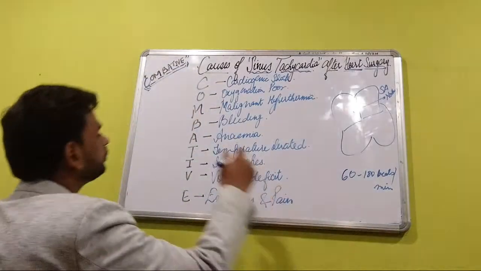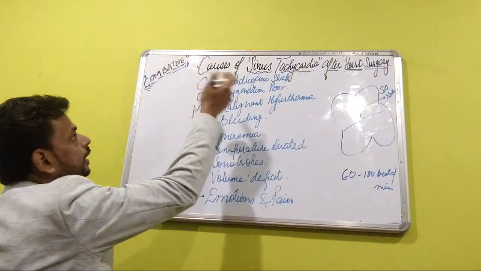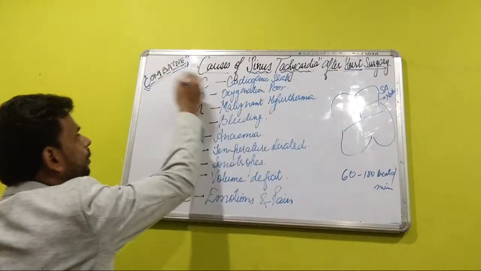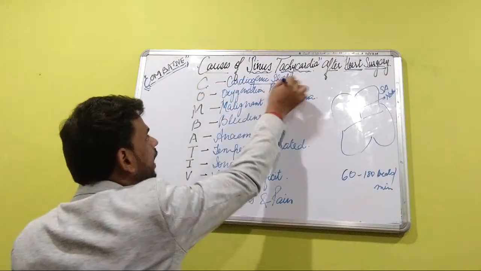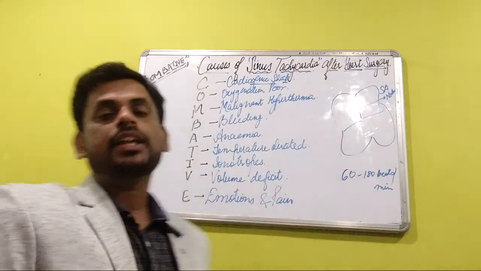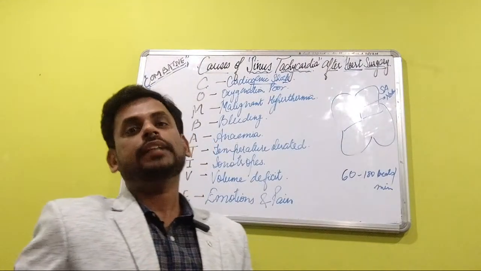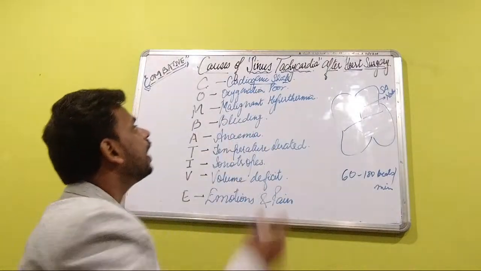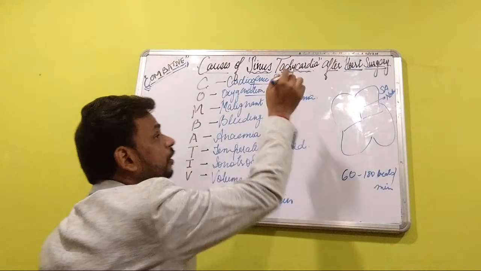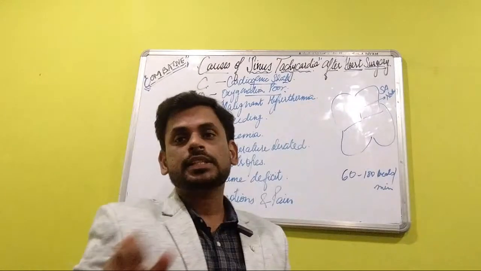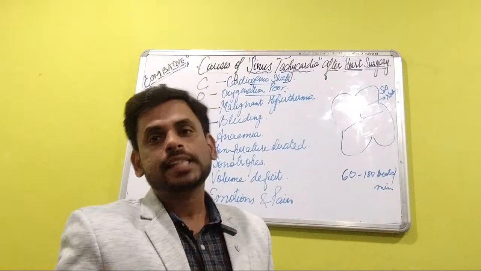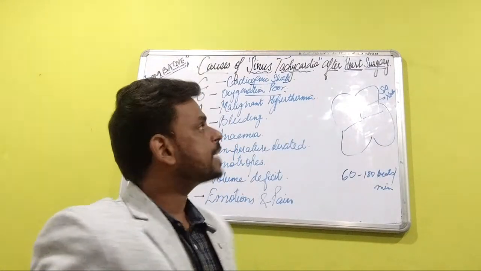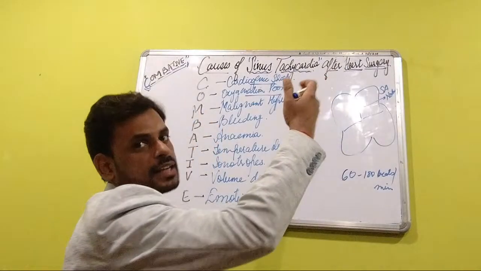Starting with C, it refers to cardiogenic shock. If it is a condition of cardiogenic shock, sinus tachycardia is also seen. Apart from this, if oxygenation of the heart is poor, sinus tachycardia can be present in the patient after heart surgery.